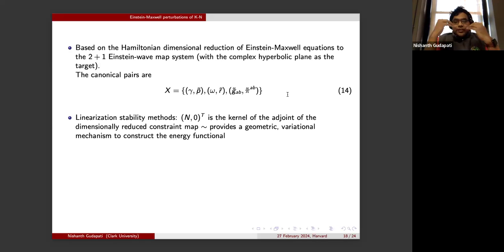And if we do the Hamiltonian version of that dimensional reduction, we realize that the candidate for the Hamiltonian energy is given by some techniques based on the so-called linearization stability methods. In particular, if you do the dimensional reduction, the lapse is the kernel of the adjoint of the dimensionally reduced constraint map. And that's the key for constructing the Hamiltonian energy for us.